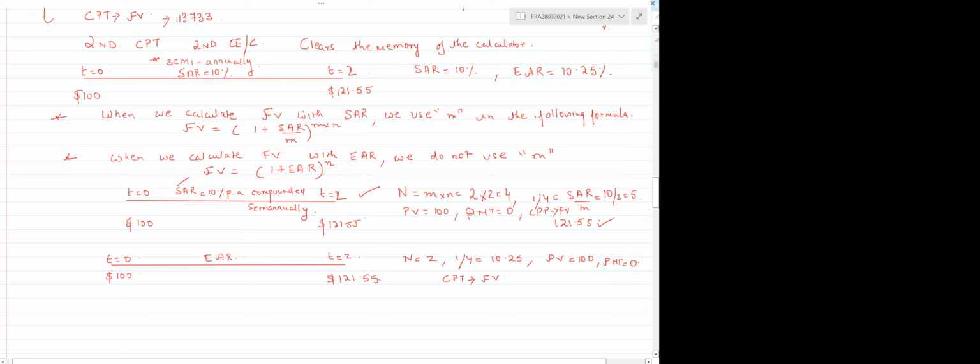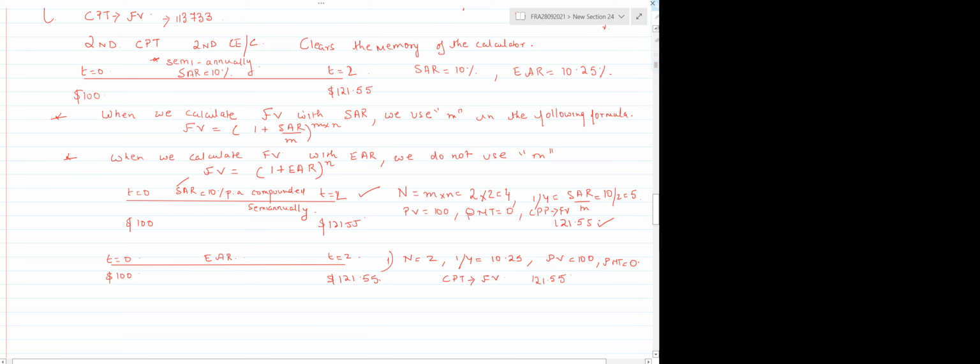This is a very important point, guys. Tomorrow, when I do questions on time value of money, this concept would come into play, right? Please calculate this. Are we getting 121.55 as the future value? Yep, 121.5506.